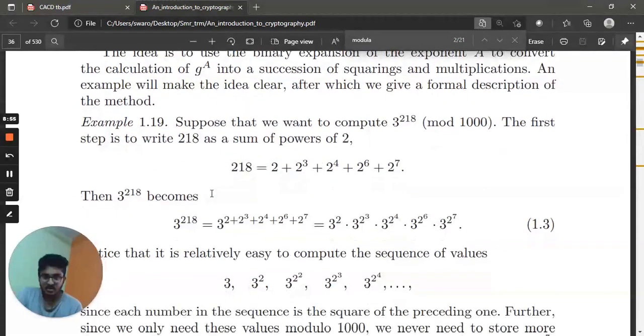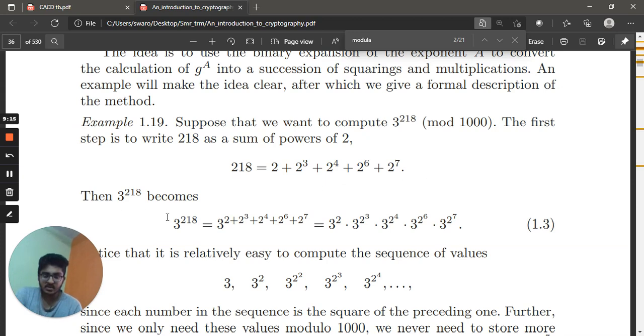Now let us look at an example. Suppose we want to compute 3 power 218 mod 1000. The first step is to write 218 as a sum of powers of 2: 218 equals 2 plus 2 cube plus 2 power 4 and so on.